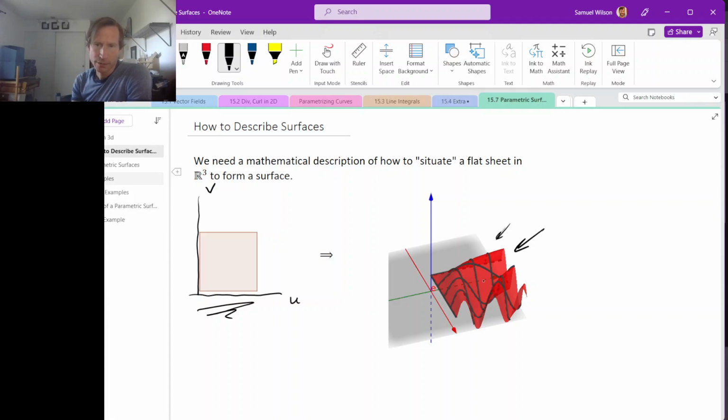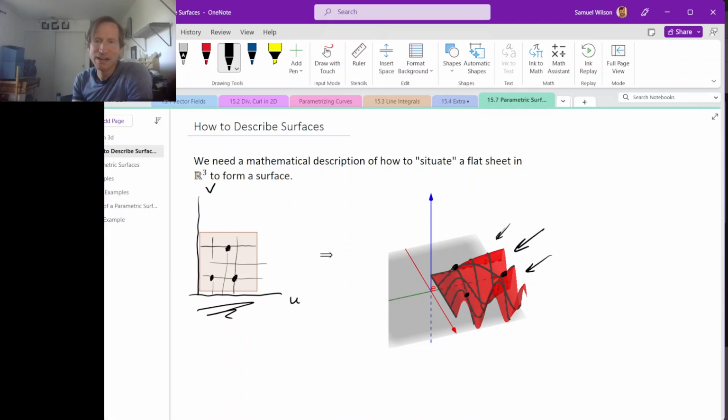But that's okay, because it's not a physical sheet of material, so we can bend it. If you imagine a coordinate grid in the UV plane, the corresponding coordinate grid is showing up on the graph here. Every point over here on the UV plane corresponds to some point over here on the surface. Maybe this point corresponds to that one, maybe this point corresponds to that one.